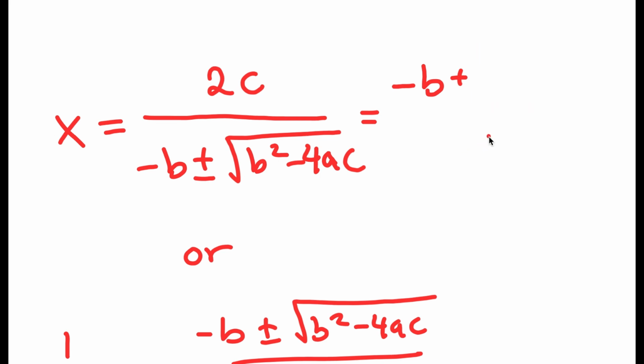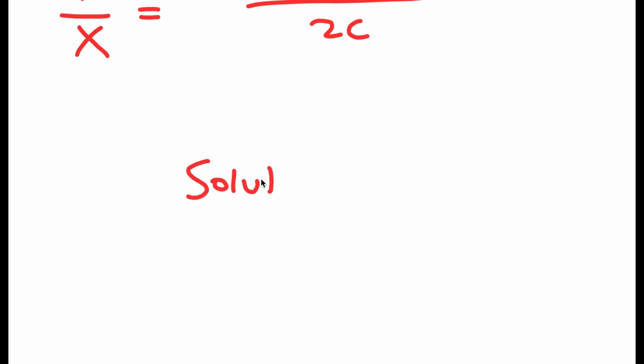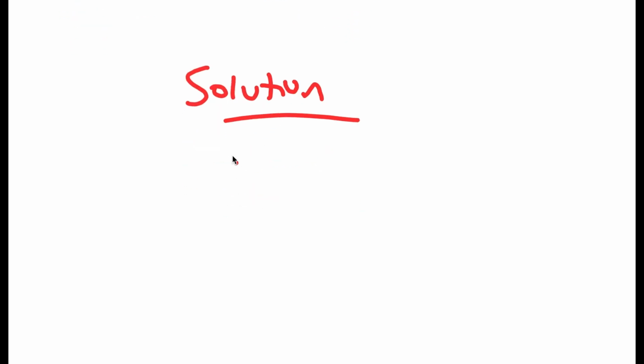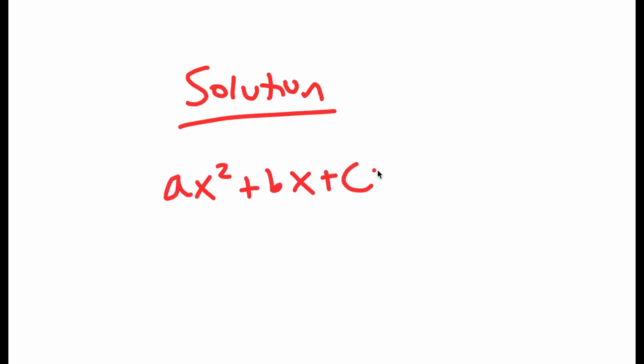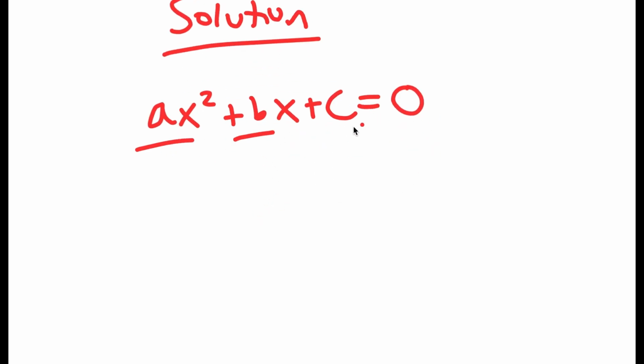Well, to start off, for the solution, let's say we have an equation in the form ax squared plus bx plus c. This is a quadratic equation because it's in this form.